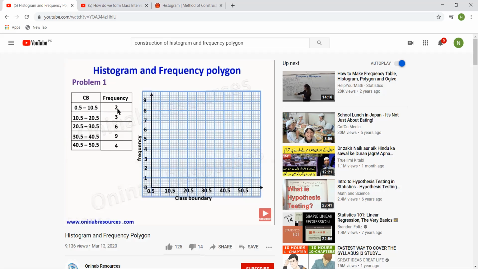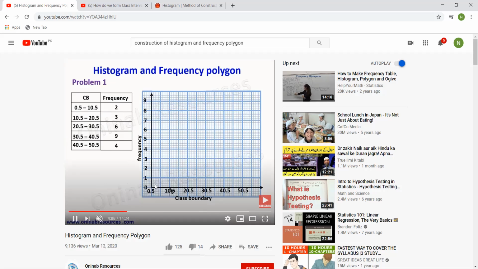If you try to draw the histogram in your graph book, you can start your values from this point where my cursor is. So 0.5, then each 10 small squares represent 10: 0.5, 10.5, 20.5, 30.5. Now from 0.5 till 10.5, the frequency equals 2.